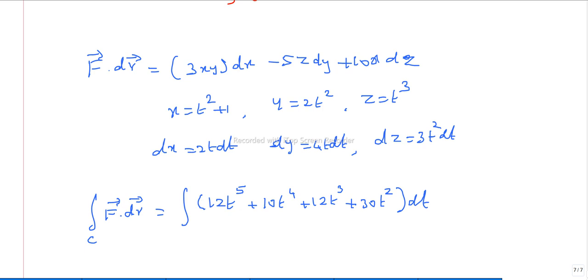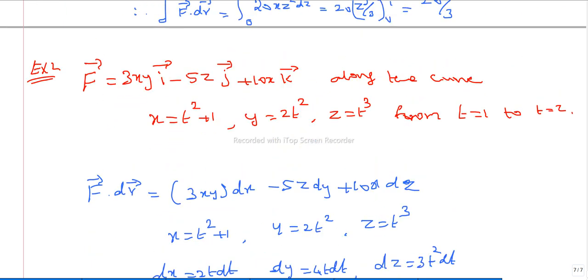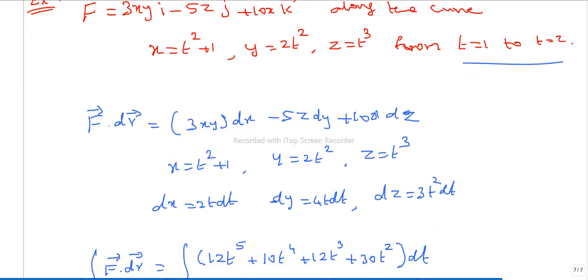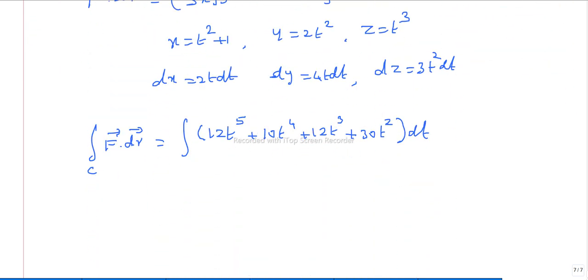Now t varies from 1 to 2, as given in the problem, along the curve from t equal to 1 to 2. So the lower limit is 1 and the upper limit is 2. If you integrate and substitute the values, you get 303, which I write directly.